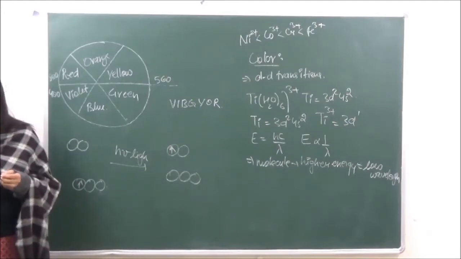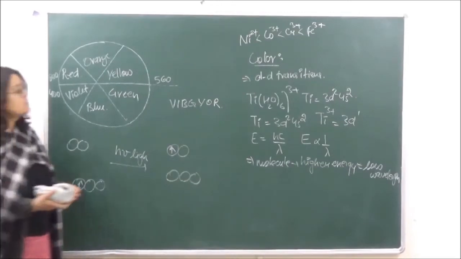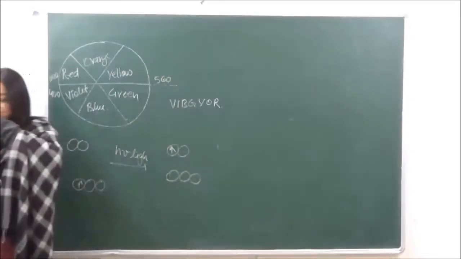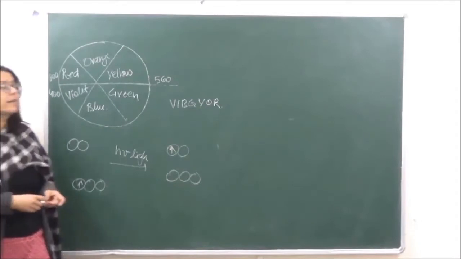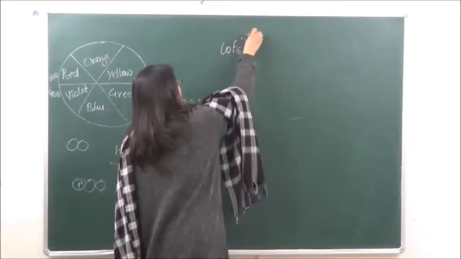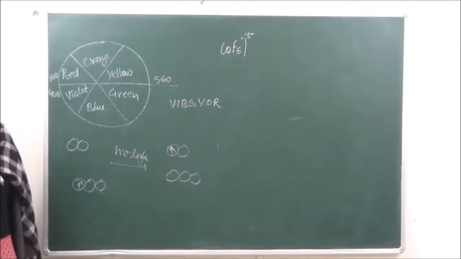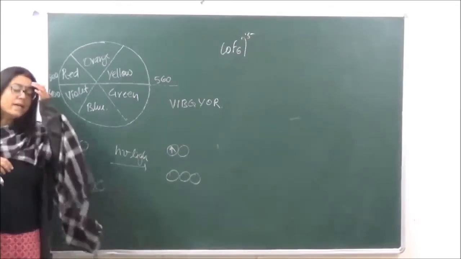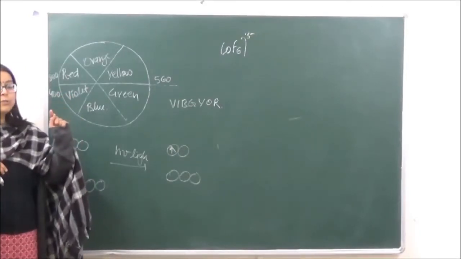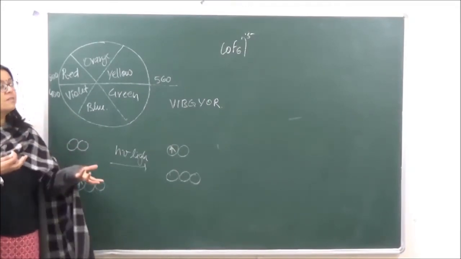Now on the basis of this, when we are taking an example of a complex ion, let's see what wavelength it is absorbing and what it is emitting. Over here we are taking coordination complexes of cobalt with different ligands. You will see that for weak field ligands like [CoF6]3-, we know that fluorine is a weak field ligand. In the case of a weak field ligand, the crystal field energy is going to be less. So it is going to absorb radiations of higher wavelength, because energy is inversely proportional.